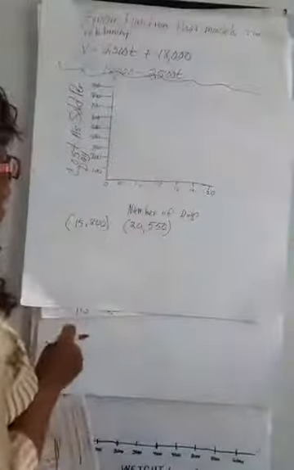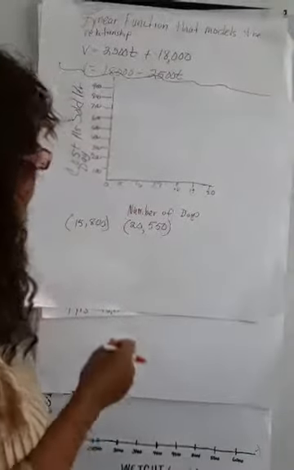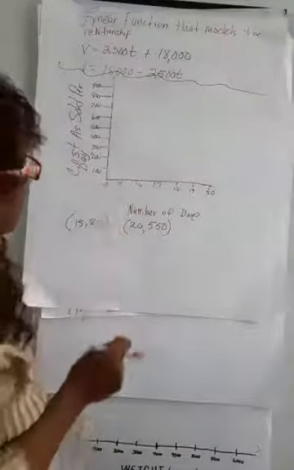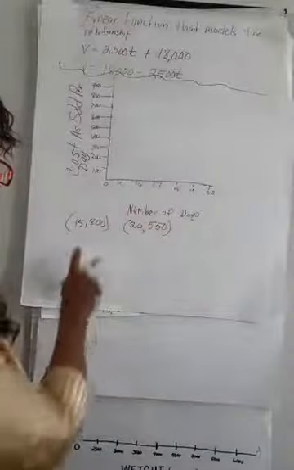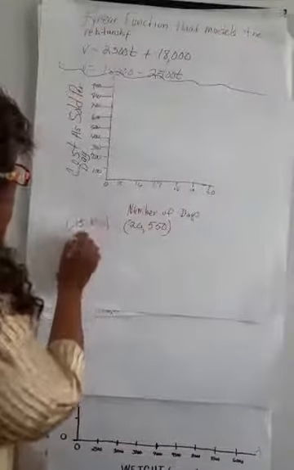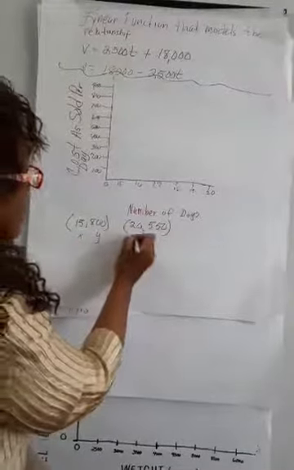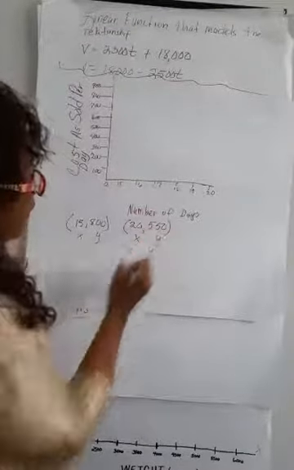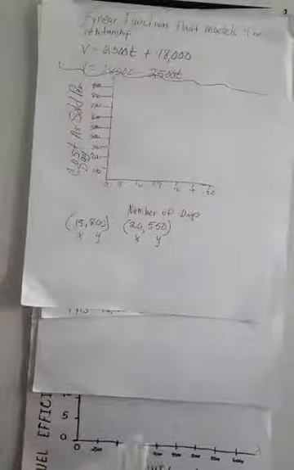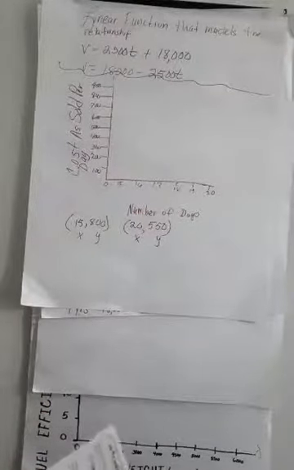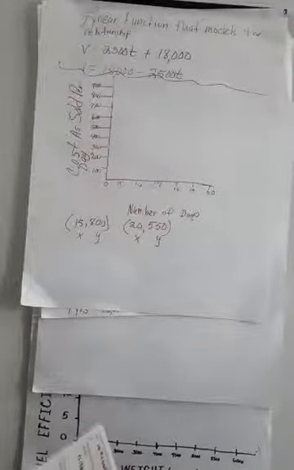Which would be your X and which would be your Y? What would your points look like? What would your line look like? If you were doing 15 for your X and 800 for your Y, 20 for your X, 550 for your Y, graph that real quick on your paper and tell me where your points will be.